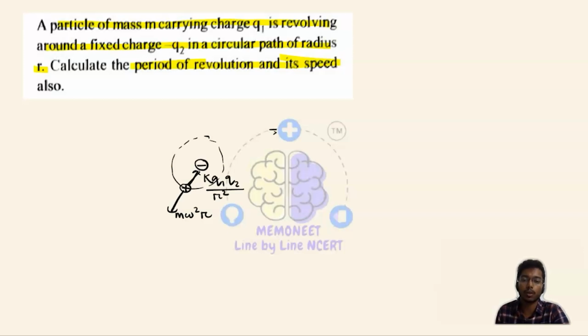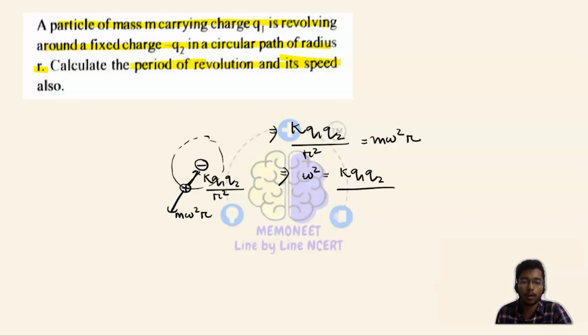Okay, so we have K Q1 Q2 upon r square is equal to m omega square r. So here we have omega square is equal to K Q1 Q2 upon m r cube.